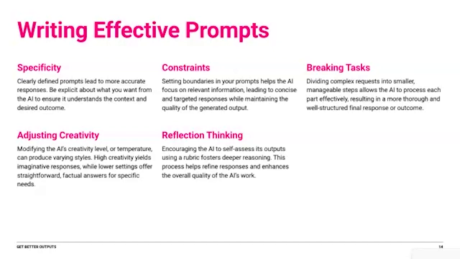Constraints is where we can tell it, get really creative and have some fun with this, or I would like you to stick to facts. I need this very professional. I need this to be a summary presented to the board. And when you become concise and targeted and tell it exactly, give it freedom, or no, we have to stick to everything that we have in this article, it'll help the quality.